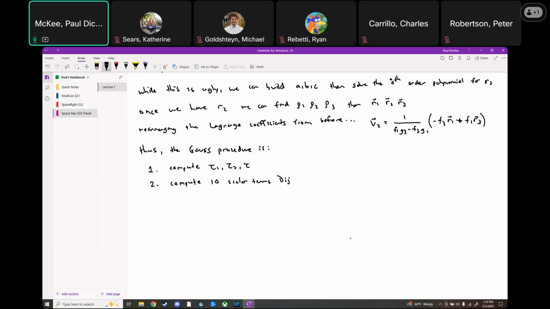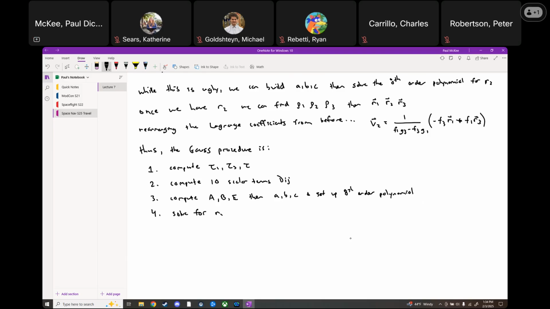Remember D10, D11, all those ones. Then we compute A, B, and E. Then little a, little b, little c. And set up the 8th order polynomial. Solve for R2.